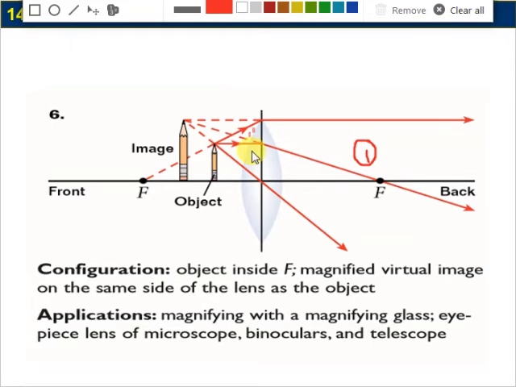The second ray, we said it is the opposite of the first. This is the tip of the object, so I will bring from it the second ray. Girls, always revise the rays in your mind before you draw on your paper. The second ray is the ray that passes through the focal point and leaves parallel, right? Where is the focal point here? The focal point here is behind our object.